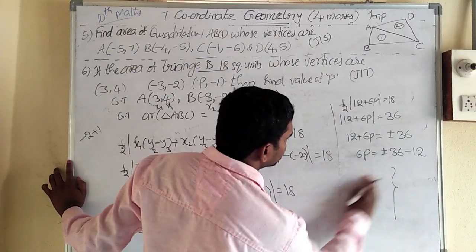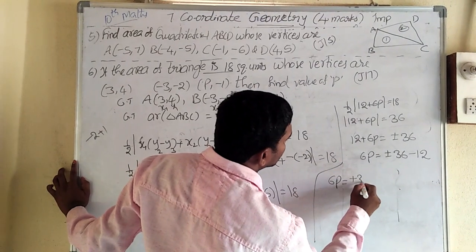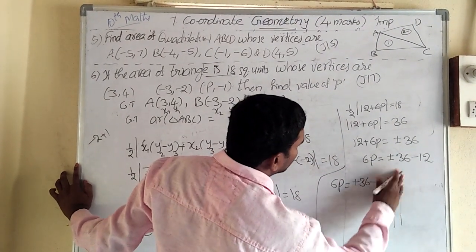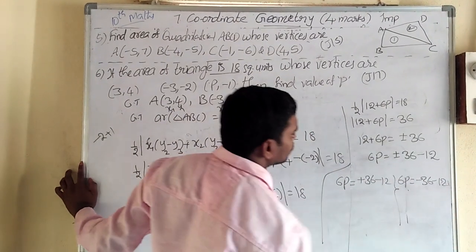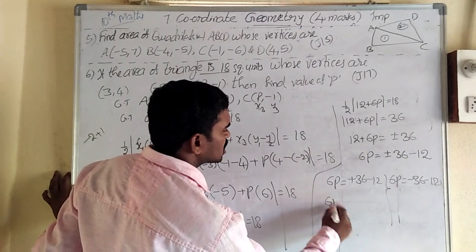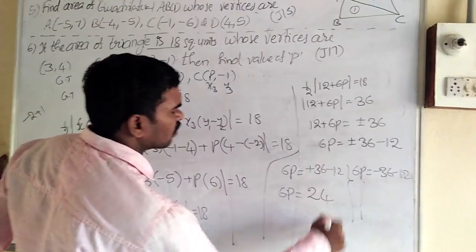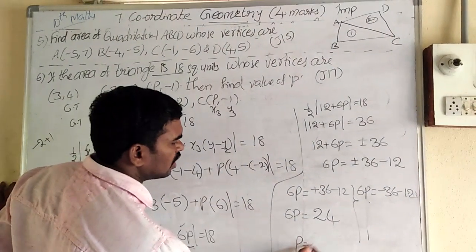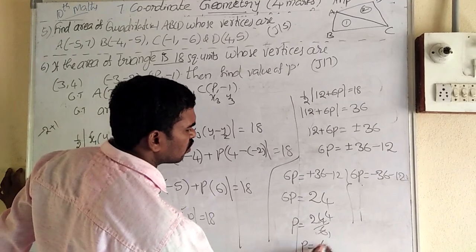One is 6p equal to plus 36 minus 12 and other one is 6p equal to minus 36 minus 12. 36 minus 12 how much? 24. So p equal to 24 by 6, 6 4s are 24, p equal to 4.